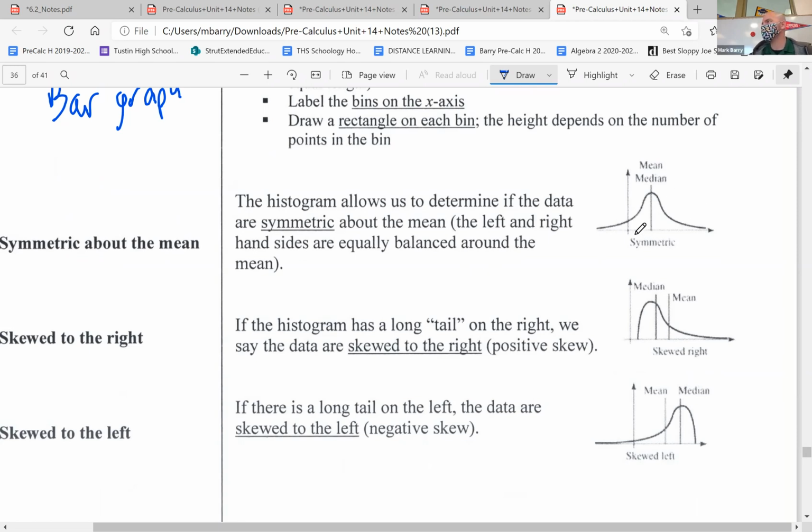Okay, so symmetric means it's kind of the same on both sides, which I think you can see there, correct? And the big idea on the symmetric is that the mean is, and I'm going to do a squiggly equal sign there, is equal to the median. Sometimes it's not exactly equal. That's why I put this squiggly equal. Sometimes it is, but sometimes it's just like close, okay?